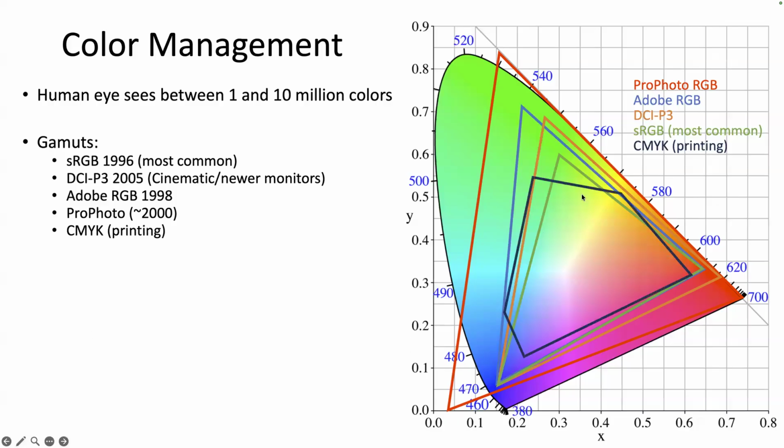And then lastly, this kind of home plate house shape thing is the CMYK color space that printers use. Again, it's very small compared to the gamut that the human eye can see, right? So there's actually limits on printing, on what you can print. Any color you send to the printer that's beyond this color will come back and be this color, right? Unless you've got some interpretation software.